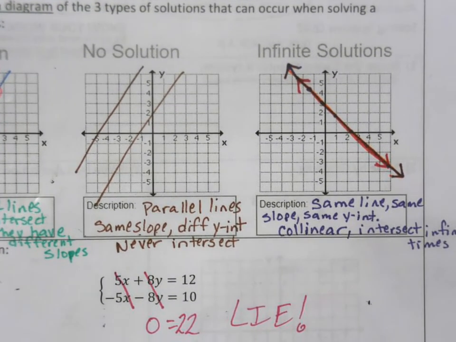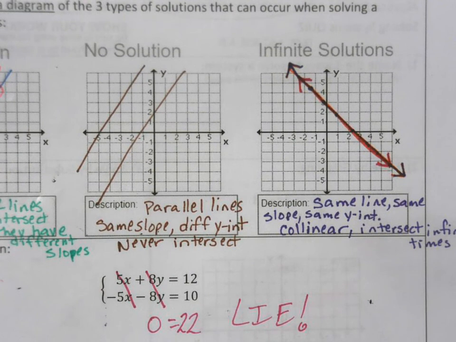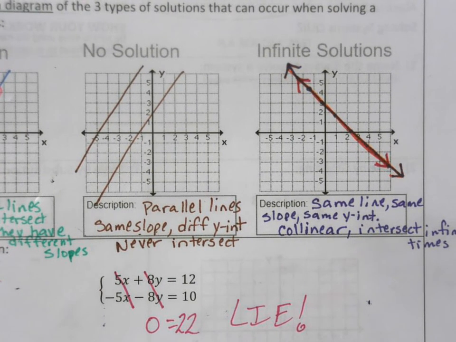The no solution and the infinite solution, both of these have the same slope. One is parallel lines, so they could have been any kind of parallel lines showing that they never intersected. Parallel lines was the key word in the description here. Same slope, different y-intercept.